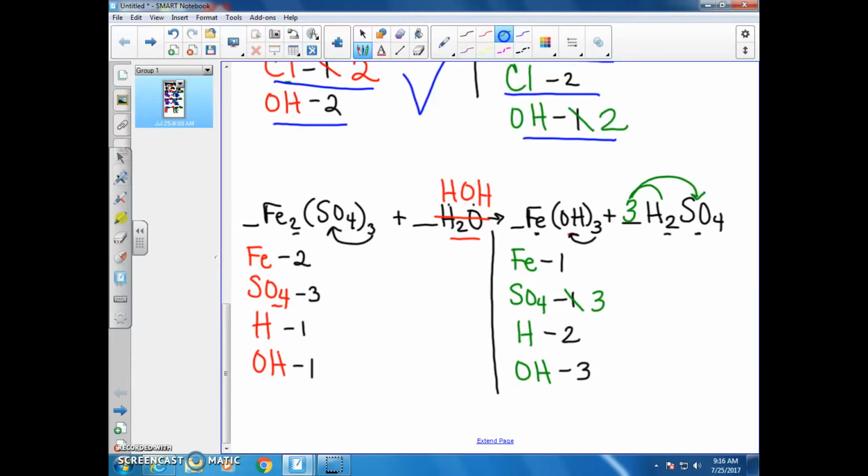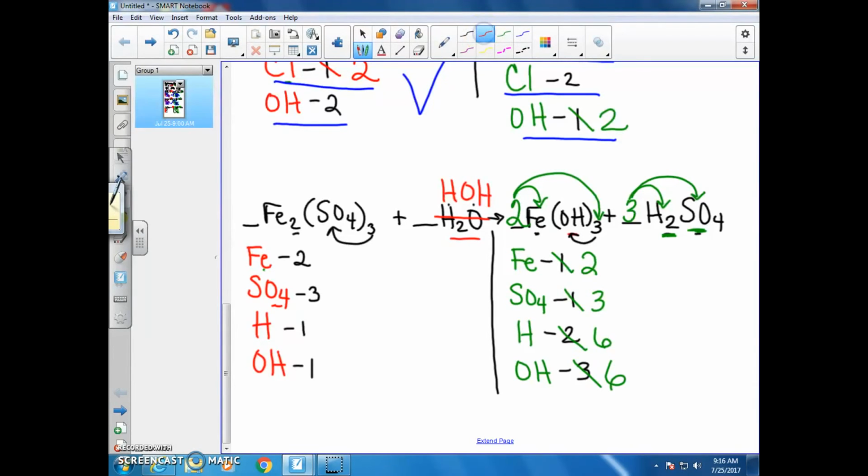That also multiplies and gives me 6 H's. So 3 times this 1 SO4 gives me 3 of them, and 3 times the 2 H's gives me 6. I also could clean up the Fe's on this side. I have 2 Fe's over here, and so I could put a 2 on the product side, and 2 times this Fe is going to give me 2 of those, and 2 times 3 is going to give me 6 of the OH's.